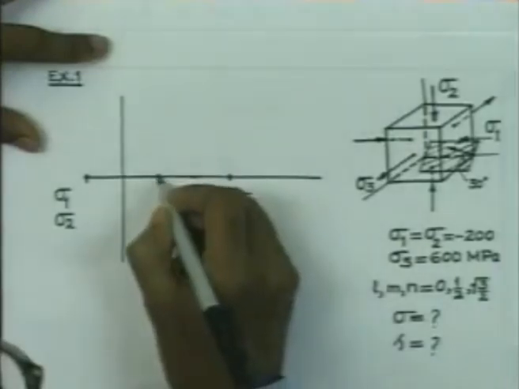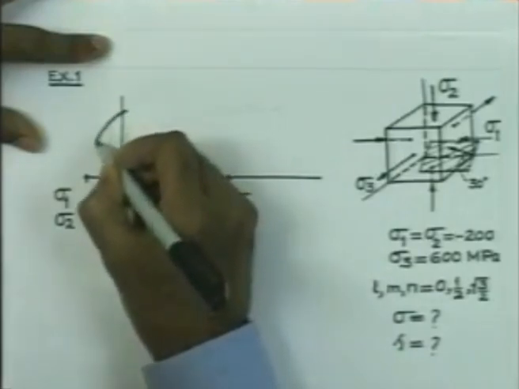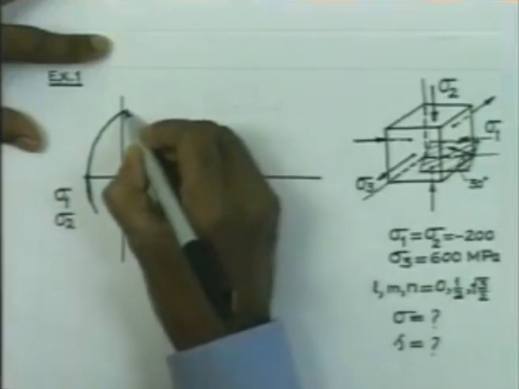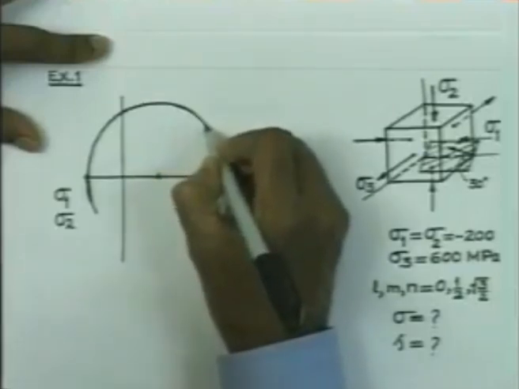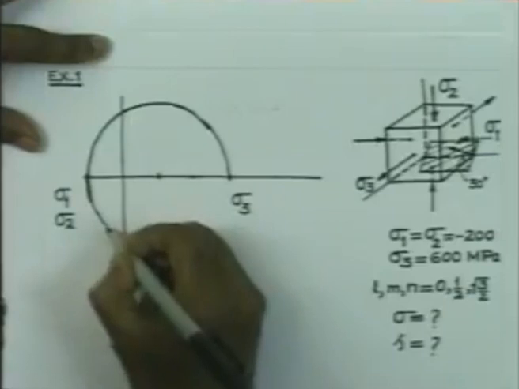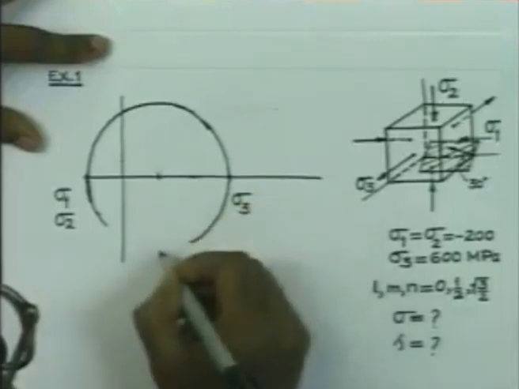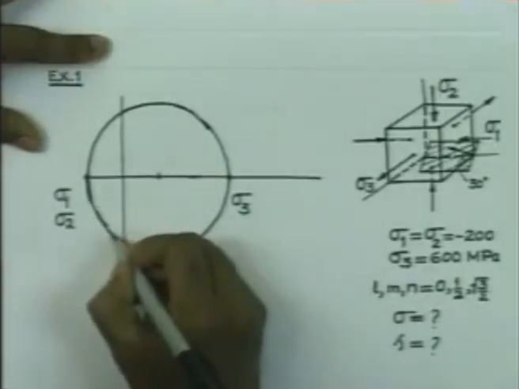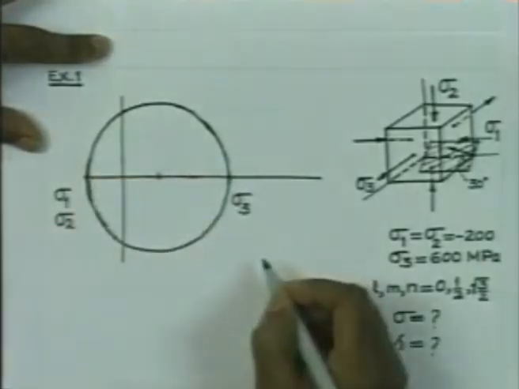So, the center will be at the middle of this distance, and if we draw this circle, this is the circle with radius sigma 1 minus sigma 3 by 2.